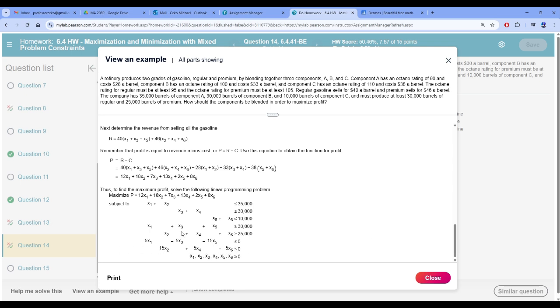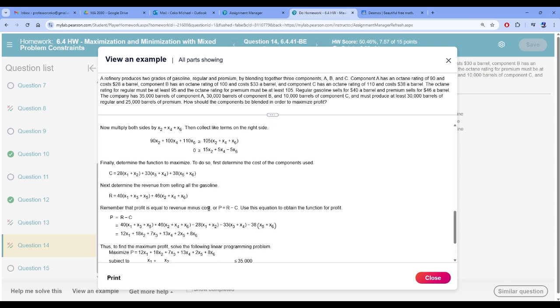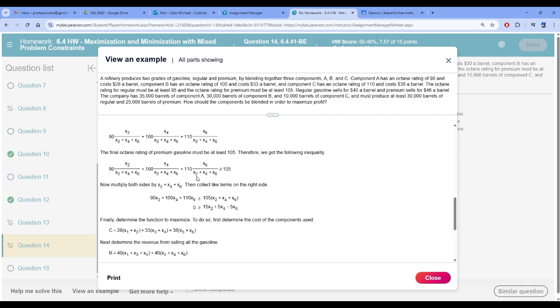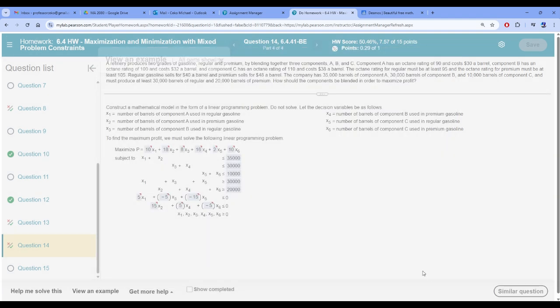They didn't really do a good job explaining that. Distribute and then minus minus. Oh, they distributed. Yeah, I'm not 100%.